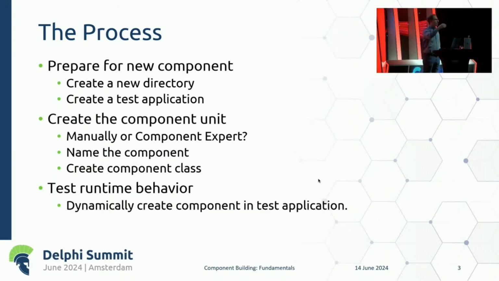Or dynamically created a form in your application. It's the same principle. We're doing that exact same thing to test out our component without having to worry about any designer surface. We're not worrying about the object inspector yet. We're not worried about the form designer yet. We just want to see, hey, can our component be created and function on a form?